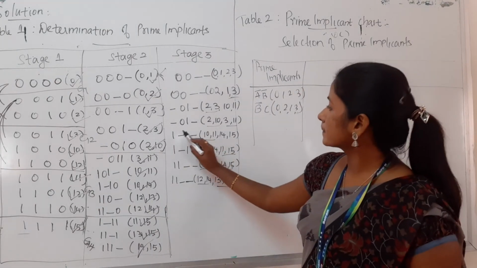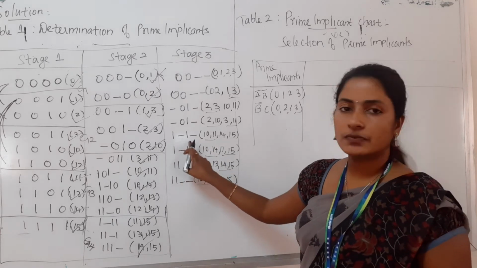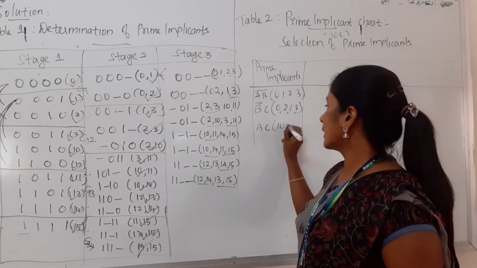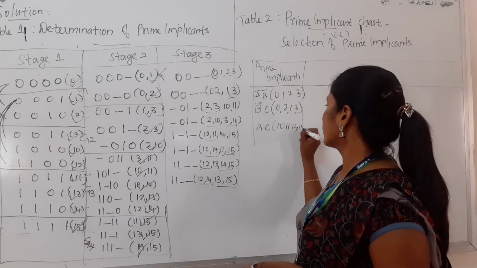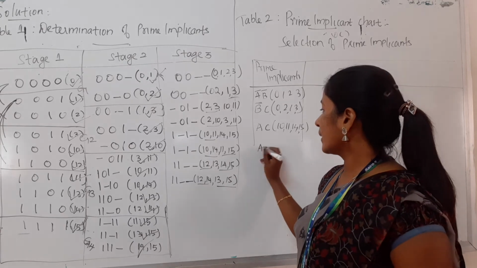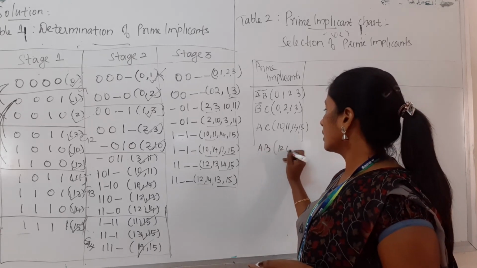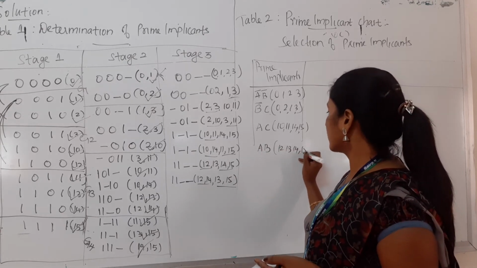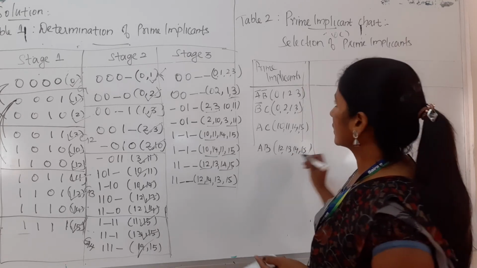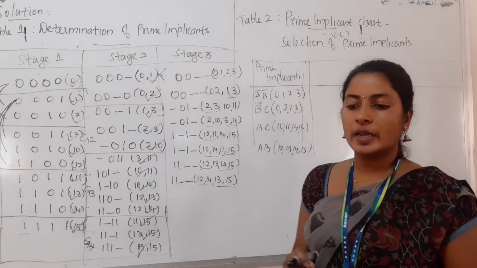Next prime implicant. 1 dash 1 dash. A, C. 10, 11, 14, 15. Next is A, B. 12, 13, 14, 15. So first I wrote all the prime implicants.